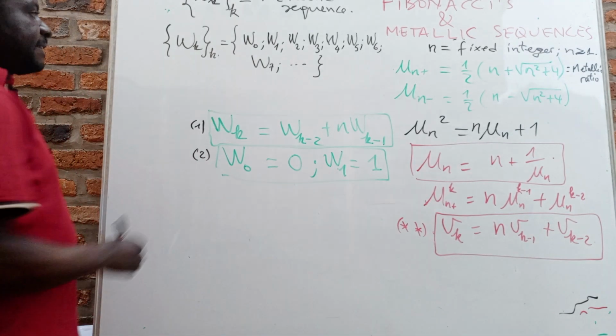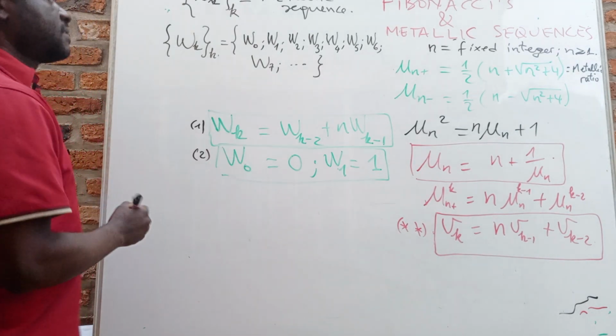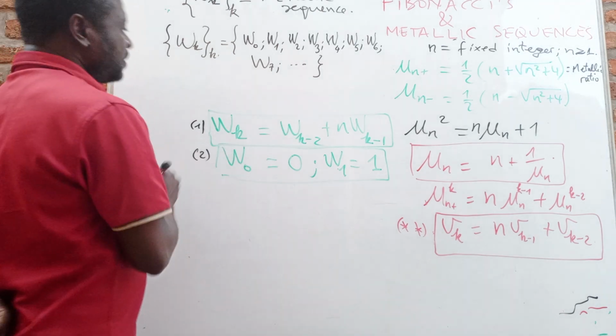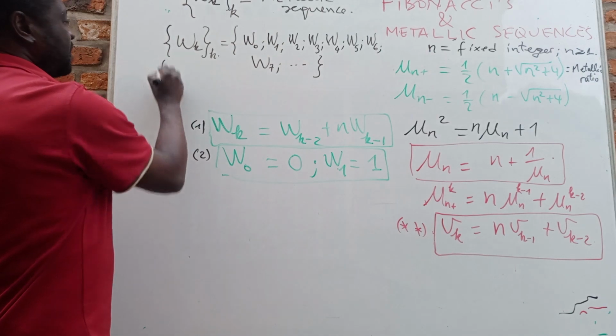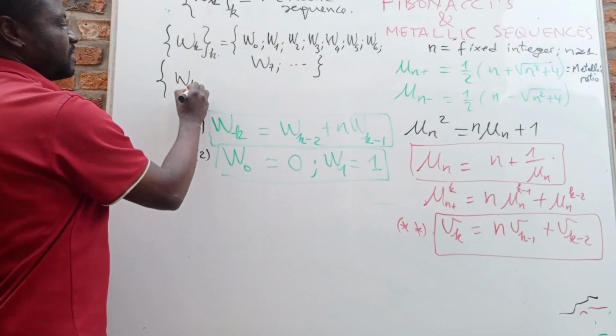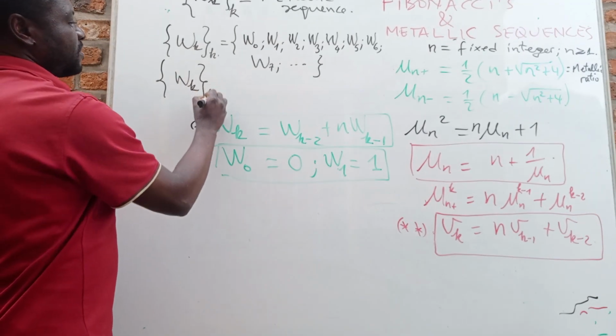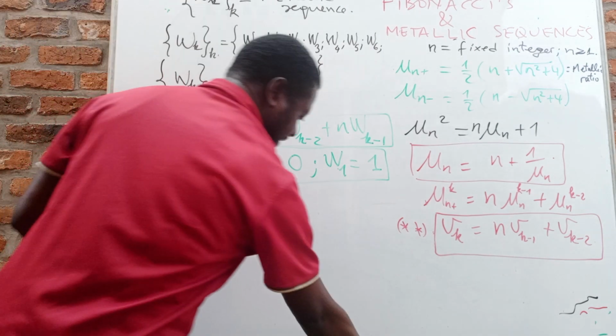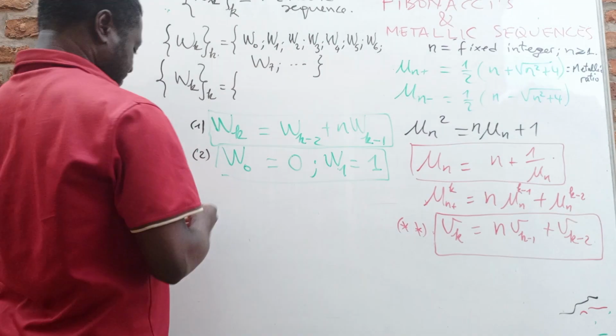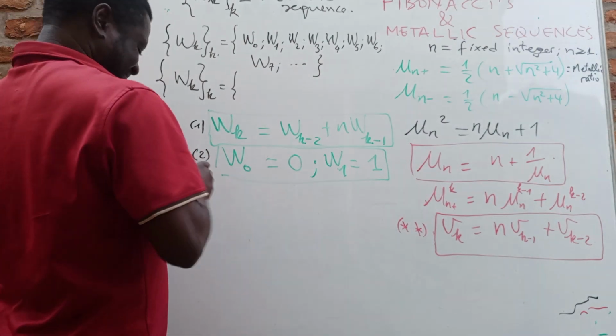Okay, so now let us use this condition to find some values, some terms. For the initial condition, we don't have to worry, because they are set to 0 as initial.